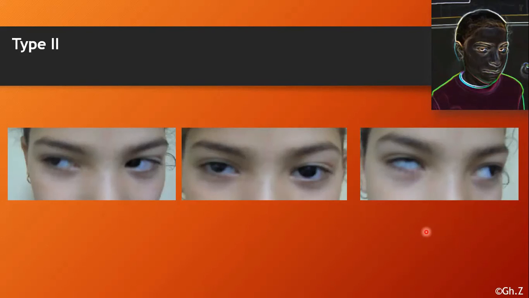So if I'm now in the examination, I will justify my answer. If I'm confident with my diagnosis, I will say there is exotropia in the primary position, in the forward primary positions.